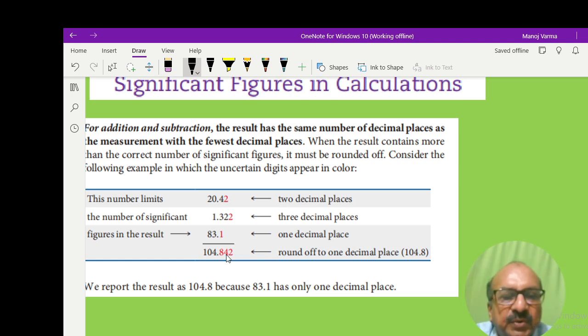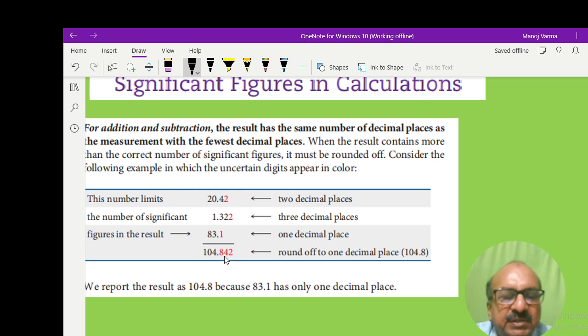But this will not be the accepted answer because the rule says that during the addition process, the final answer should contain only as many decimal places as there are in the number having the least number of decimal places. So here, the smallest, only one decimal place, is going to decide the final answer, right? So the final answer should also have only one decimal place.